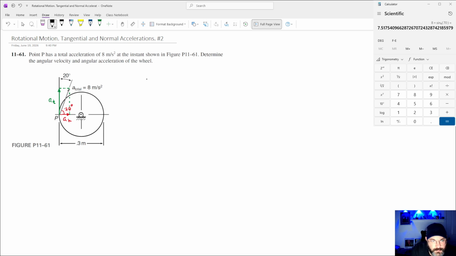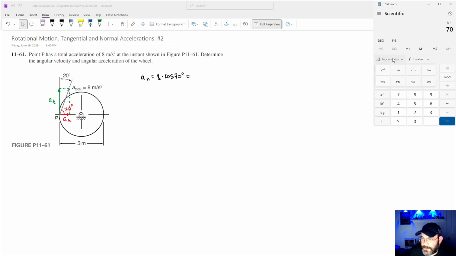Okay, so let's see. We have our normal component. It is equal to 8 multiplied by cosine of 70 degrees. Let's see how much is that. 8 multiplied by cosine of 70 degrees.